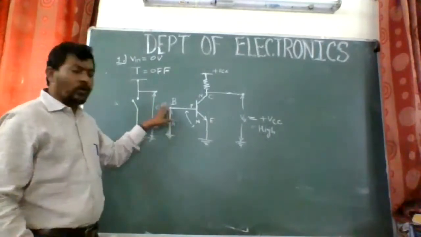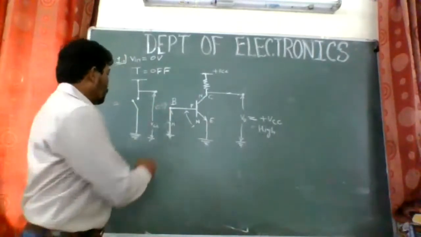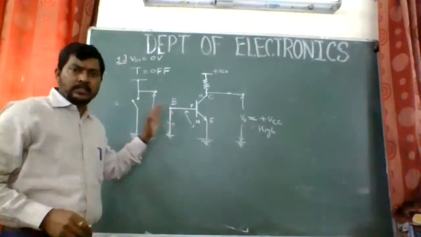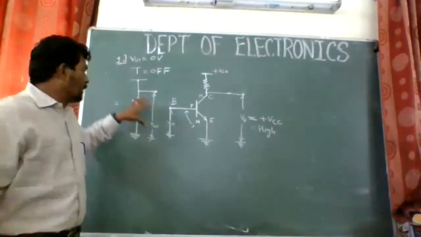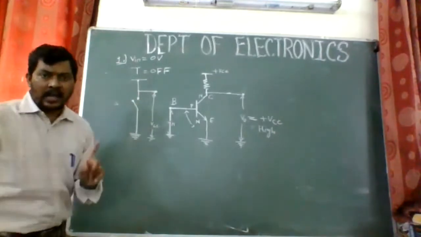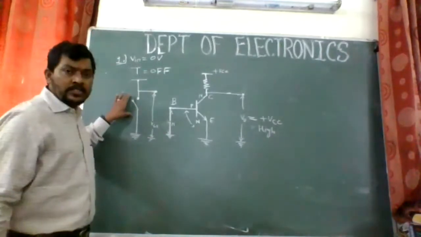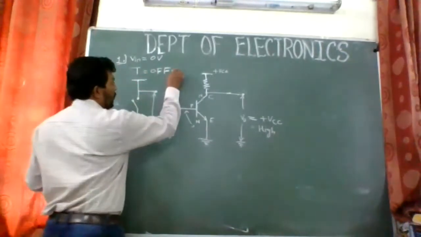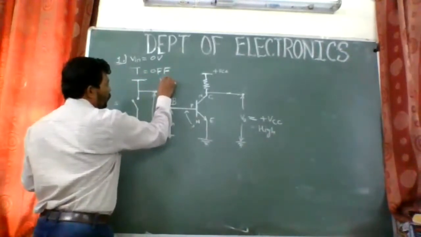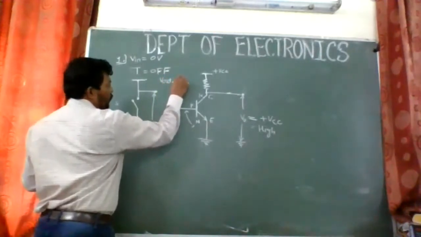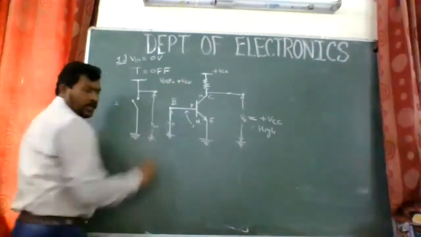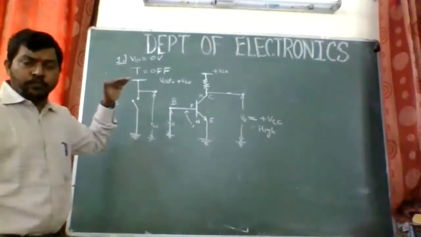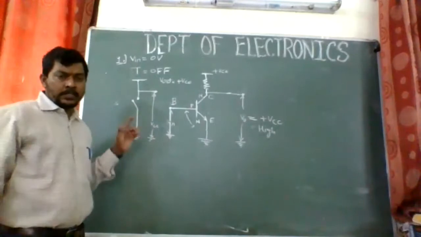So this is how, when the base of the transistor is connected to the ground, the output voltage is high and the transistor is off. Here the output voltage is equal to plus VCC. This is the first condition for using a transistor as a switch.